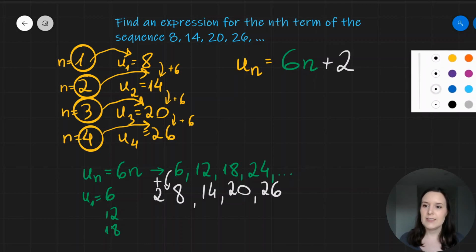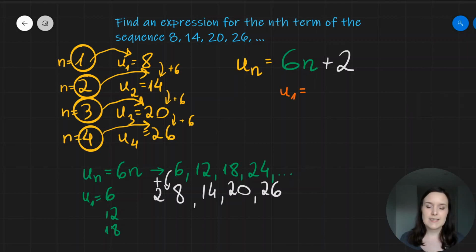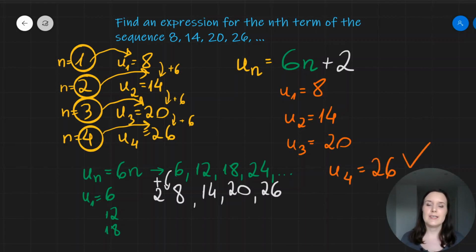And if I do it, I just have u1, 6 times 1 plus 2, which is 8. u2, 6 times 2 plus 2, which is 14. u3, 6 times 3 plus 2, which is 20. And u4, 6 times 4 plus 2, which is 26. So this is what I wanted to get. So this is the formula for this sequence.